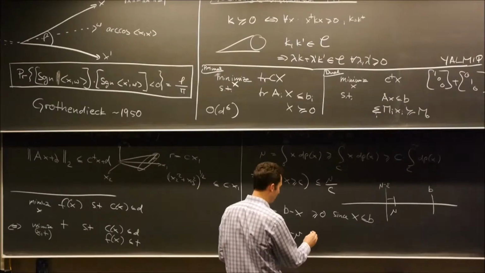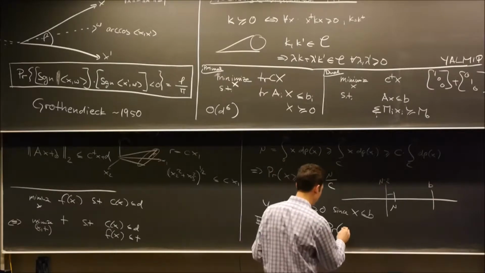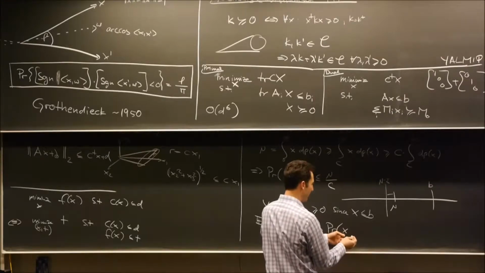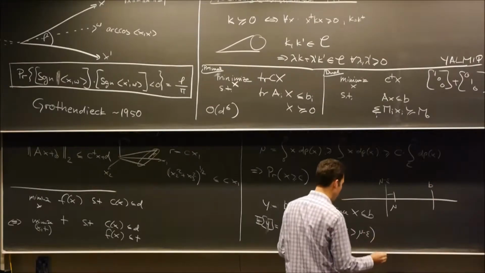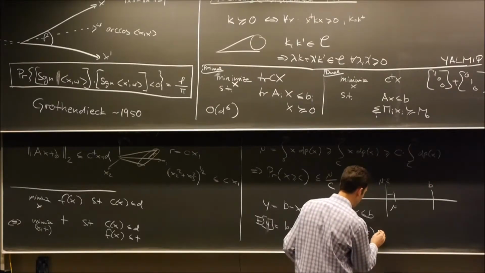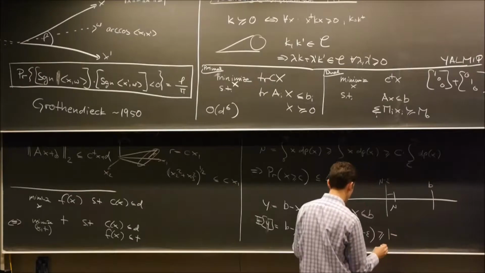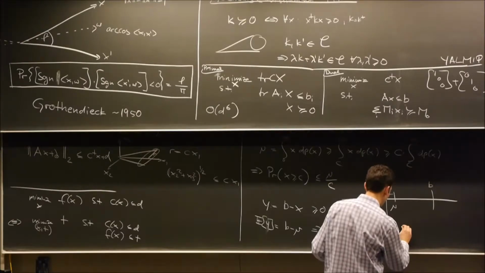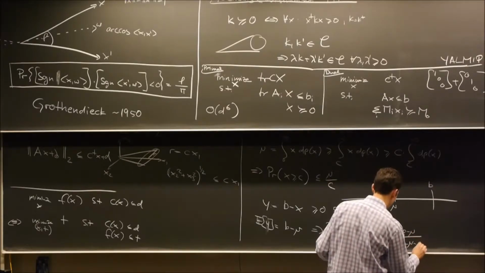And then all I do is I get that the probability that x is at least mu minus epsilon is going to be greater or equal than 1 minus b minus mu divided by b minus mu minus epsilon.